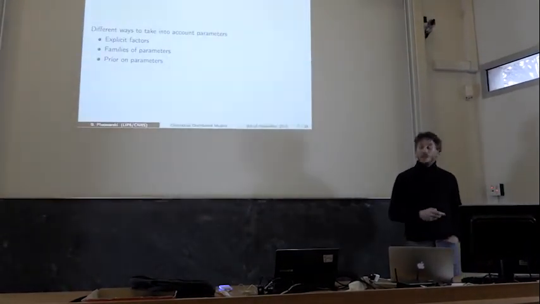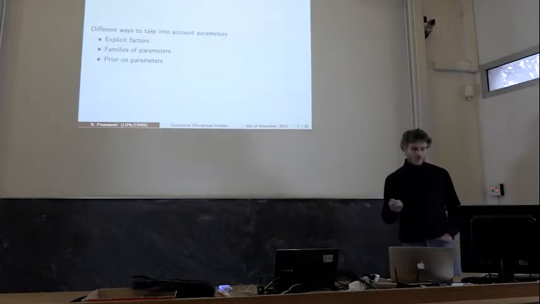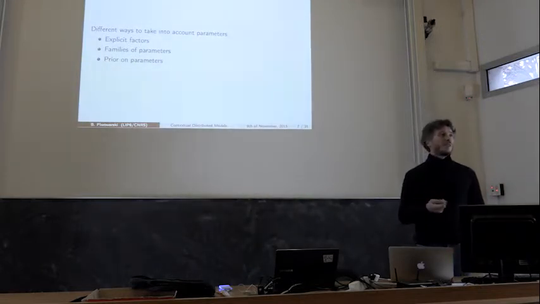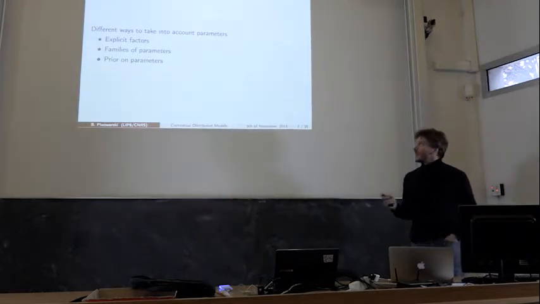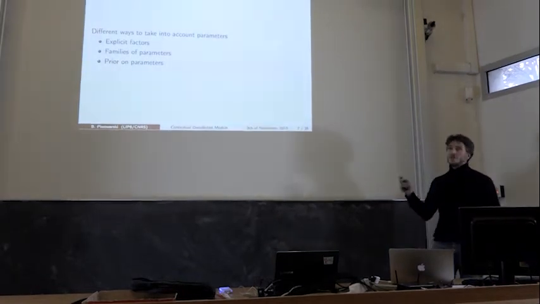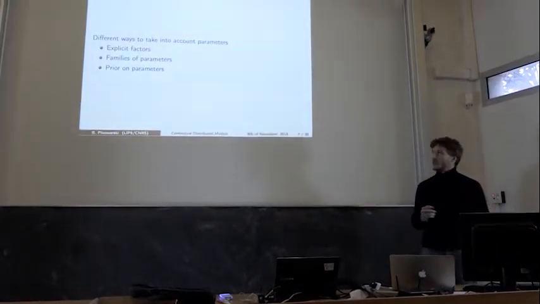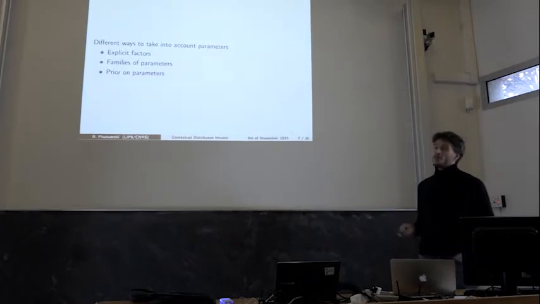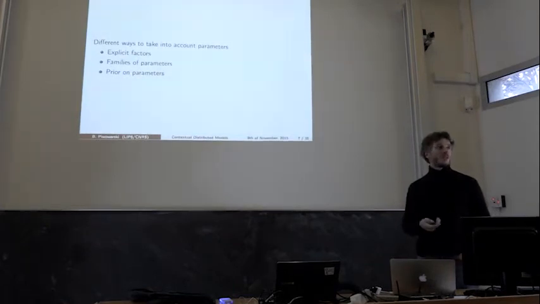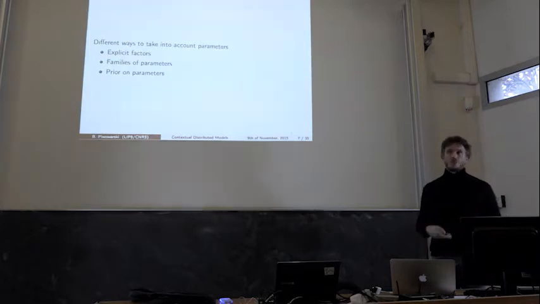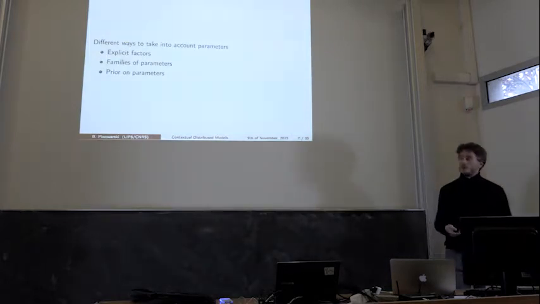So taking into account context can be seen in many different settings. Basically, I categorize them into 3 different categories. The first one is when you represent the context as explicit factors in a probabilistic model, using, for instance, latent variables.